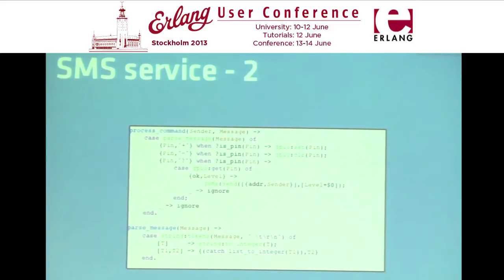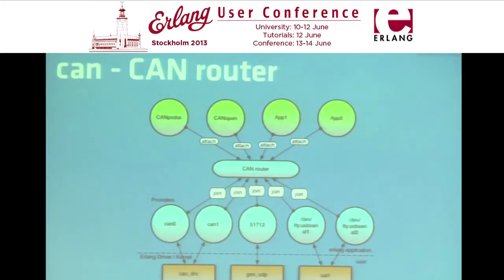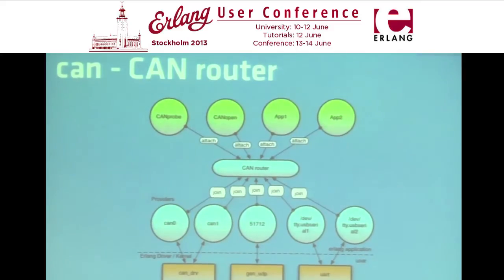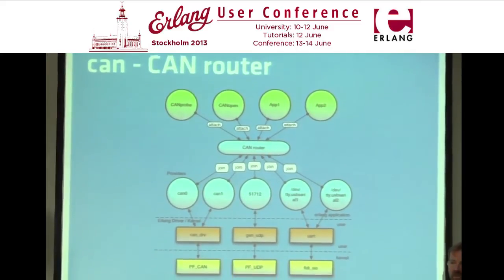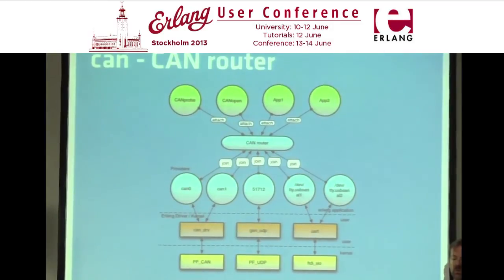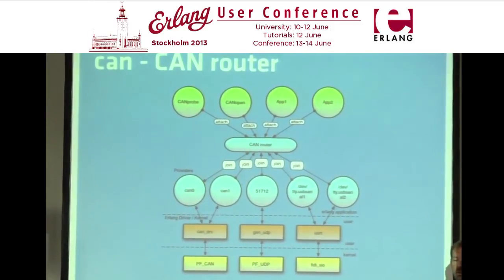You can run this and get a nice SMS service, interfacing the Pi phase, for example. And you see the basic structure is the same. I'm just showing it to get the idea.